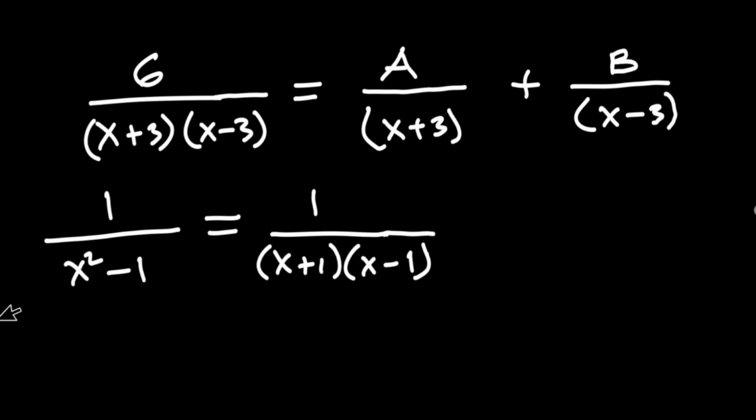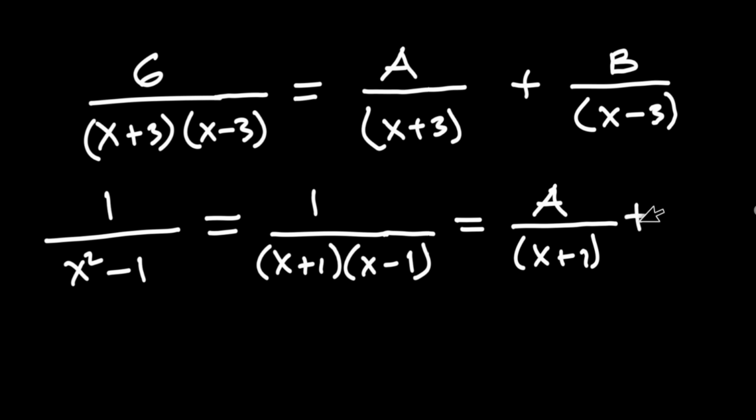So basically, we can just break it down. Of course, we are going to have the first fraction with a denominator of x plus 1. Then the numerator is going to be a constant once again, because the degree of the denominator is just 1. Therefore, the degree of the numerator must be a constant.